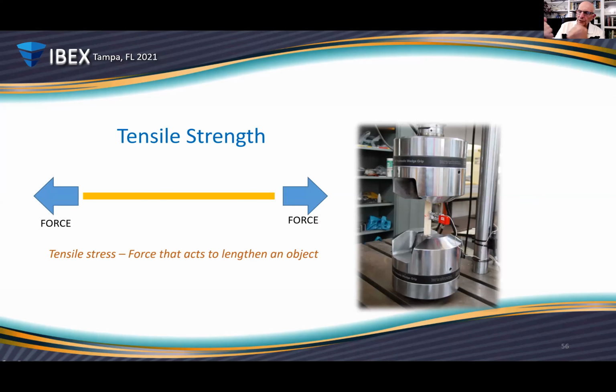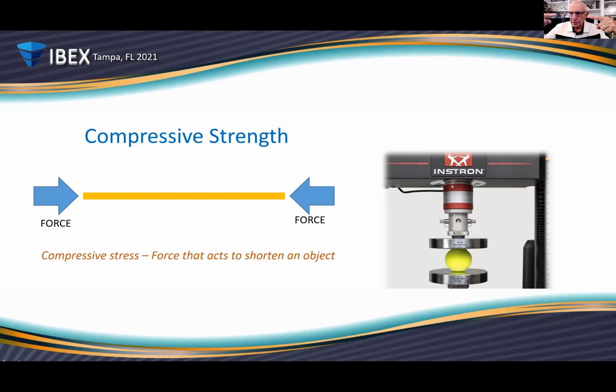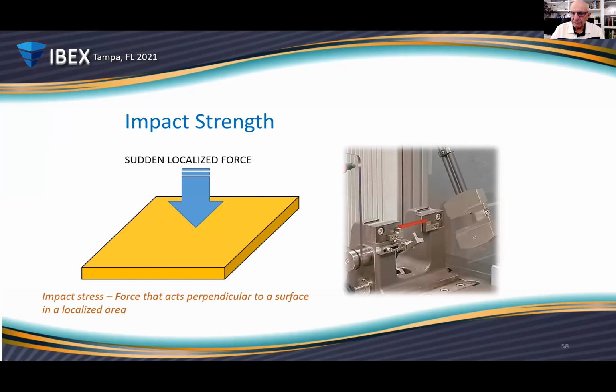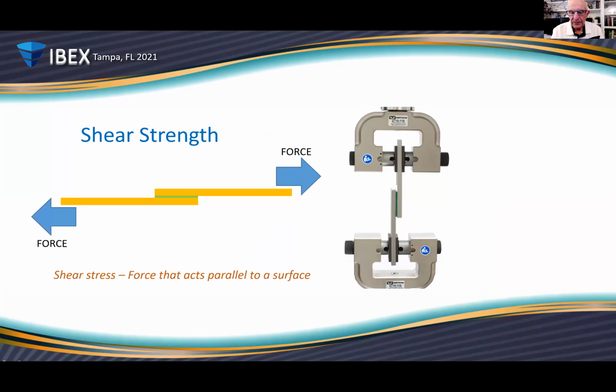Tensile is force that's going to lengthen an object. Compressive is force that's going to try to shorten an object, and the resistance to that force is compressive strength. Impact strength is a force that acts perpendicular to a surface, but in a localized area. You run your boat into something, that's an impact situation.